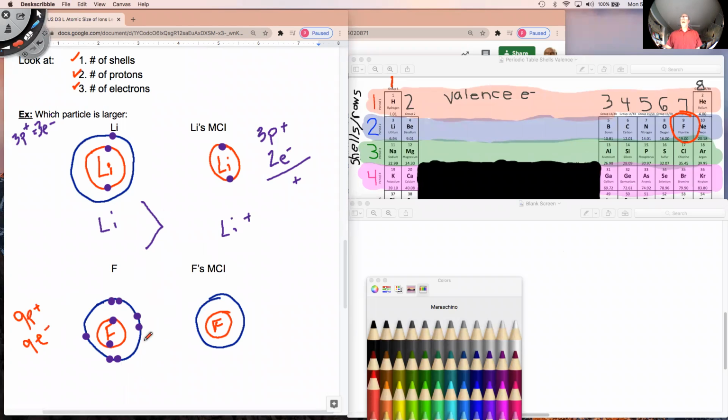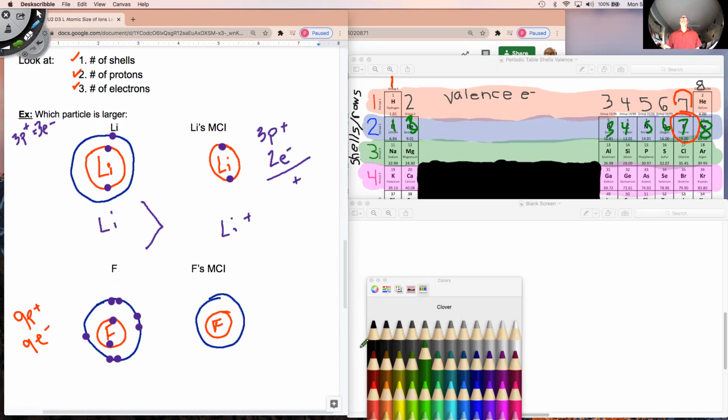Now, how many valence electrons does fluorine have? Fluorine has 1, 2, 3, 4, 5, 6, 7. All atoms want to have 8 valence electrons. This one has 7, and it wants to have 8 total.